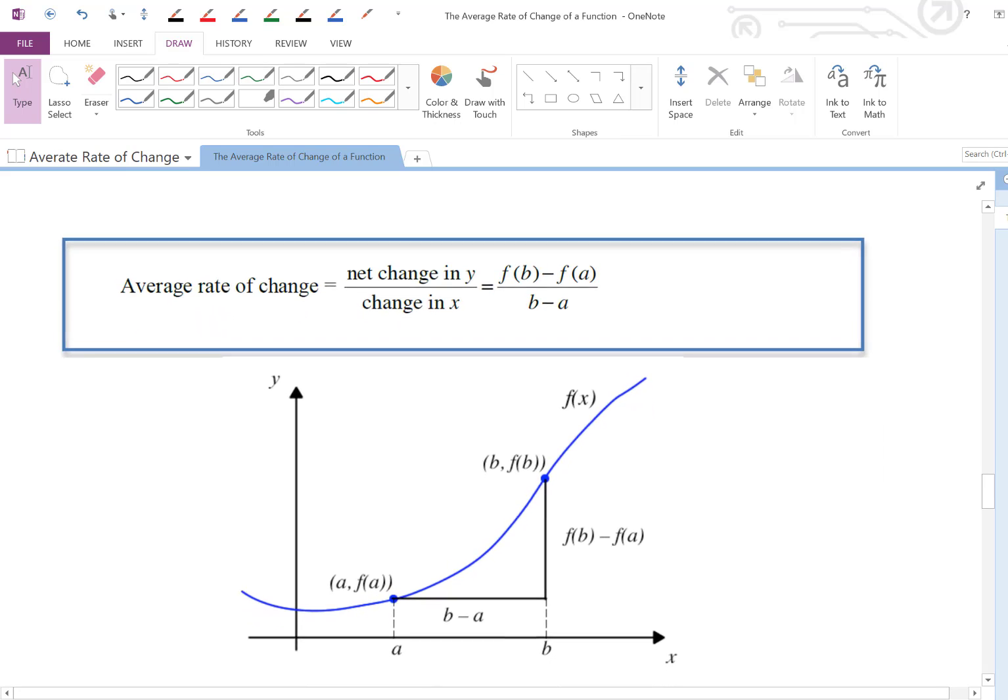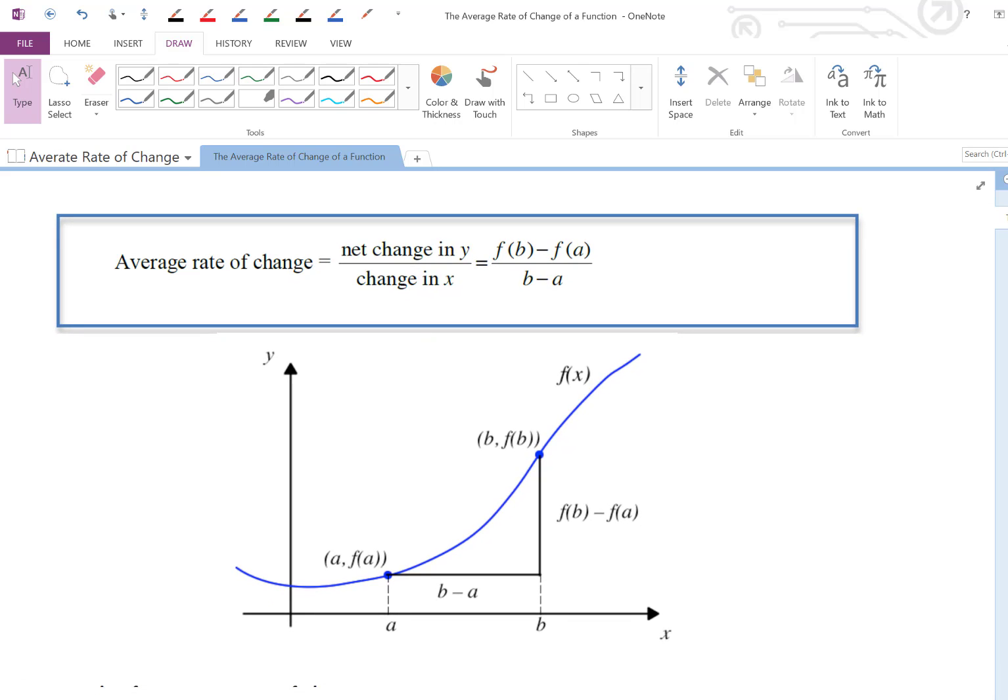Here's how we define average rate of change in general. It is just the net change in the output direction over the net change in the input direction. And if the function happens to be called y equals f of x, which it is in this diagram, then the corresponding output change on the interval here, a to b, arbitrary values of x, will be that change right there, the difference in the outputs of f of b and f of a, respectively.